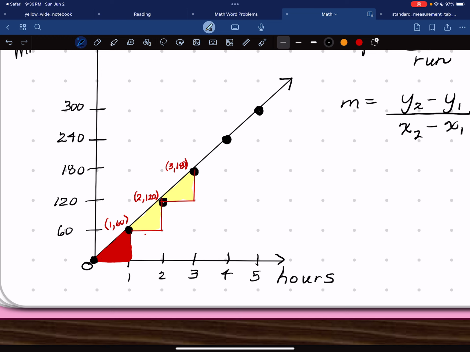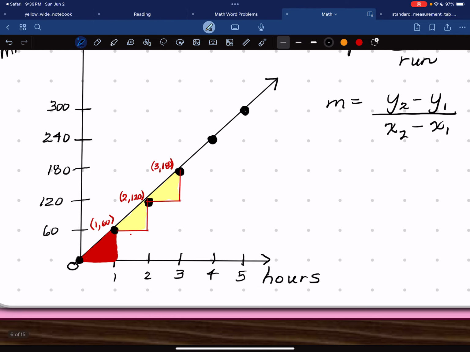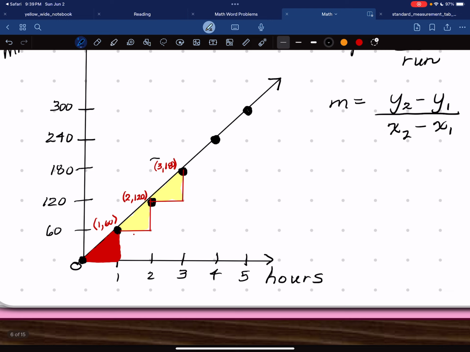Okay, mathematically, let's calculate the slope. Let's figure out what slope is. So to do that, I'm going to pick 2 of these points. I'm going to let this be x1 and this be y1 and this be x2 and y2.